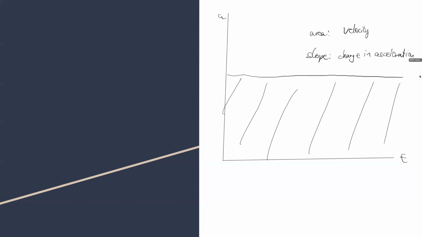So that's it for the ST, VT, AT graphs. We rarely talk about the slope on an AT graph in IB physics because we always use constant acceleration. So you usually see an AT graph that has a horizontal line.